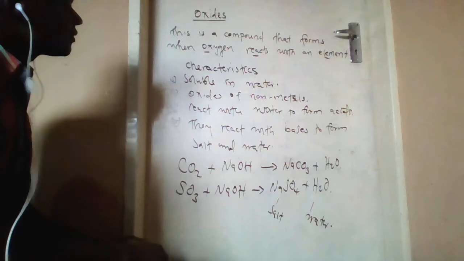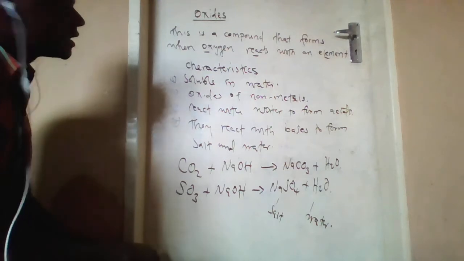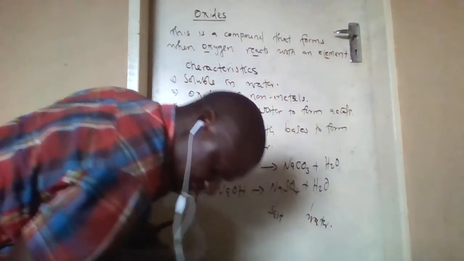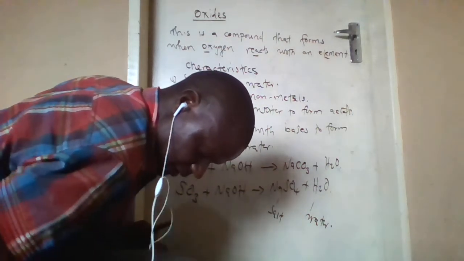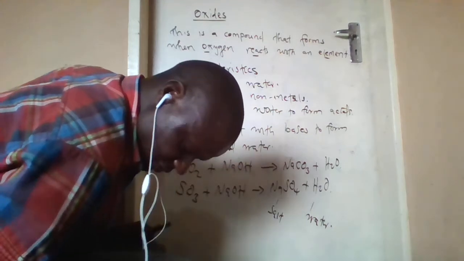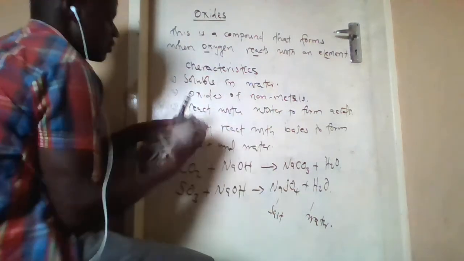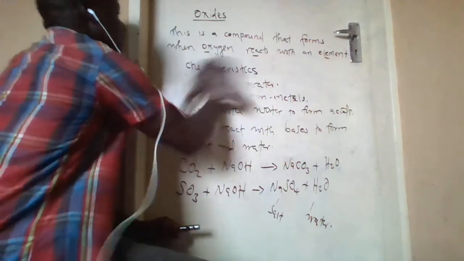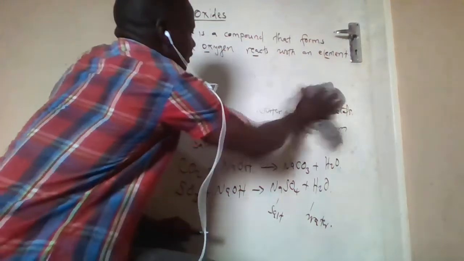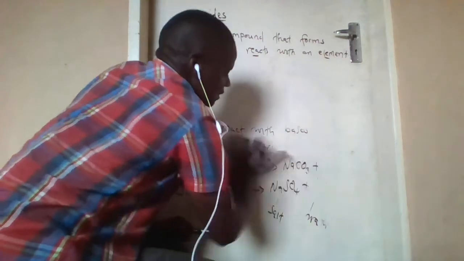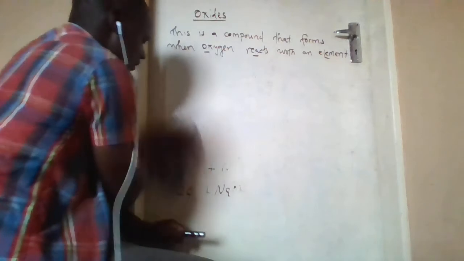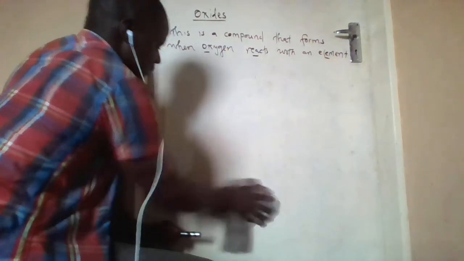So away from that, we can look at the third type of an oxide, which is called a neutral oxide. Now, what are these oxides?